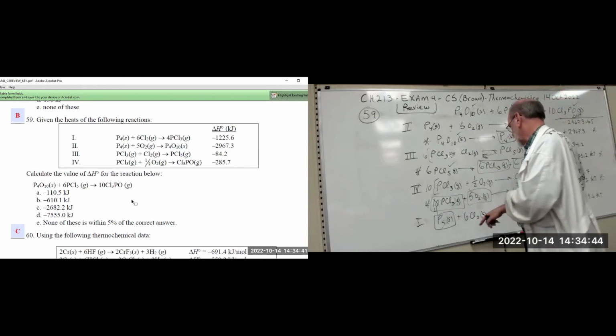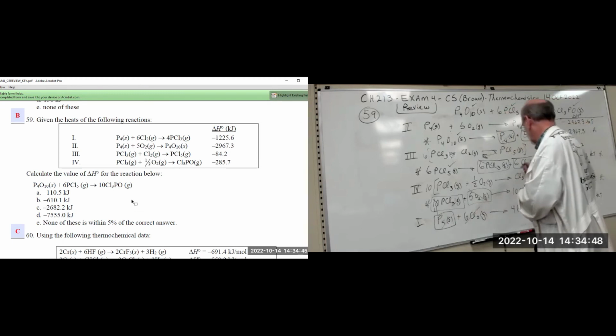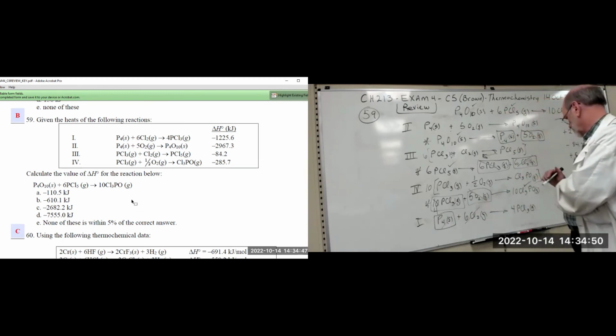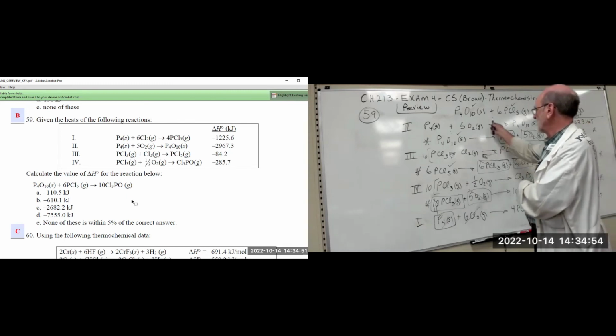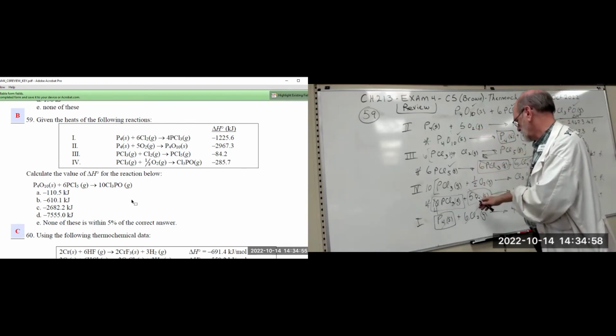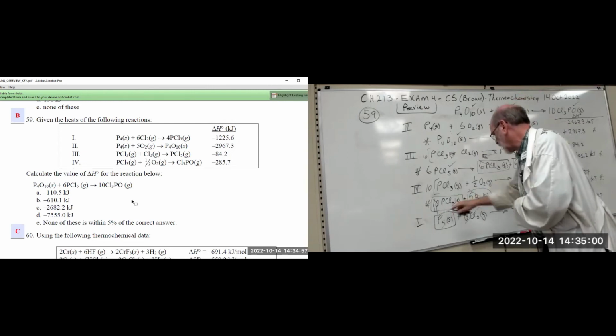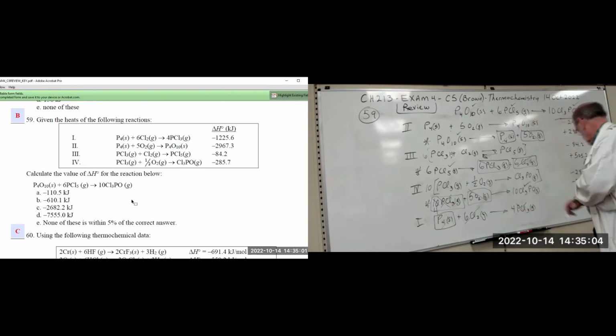And there's 6 chlorines. Right? How about PCl3s? See there. Here, 4 PCl3s. We didn't have to do anything to that value.